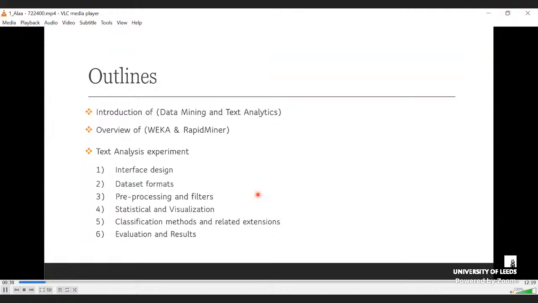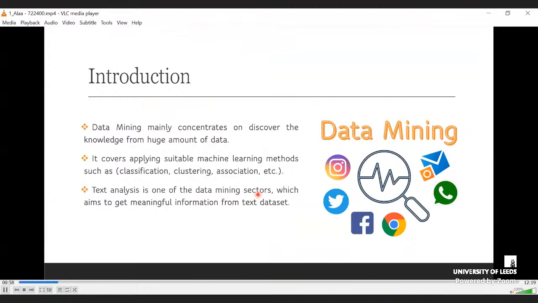To start with the outline, I will give you an introduction to data mining and text analytics, and then an overview of the toolkits called Weka and RapidMiner. I will show you an experiment of text analysis to cover these six points. So let's start with data mining, which is mainly concentrated on discovering knowledge from a huge amount of data.